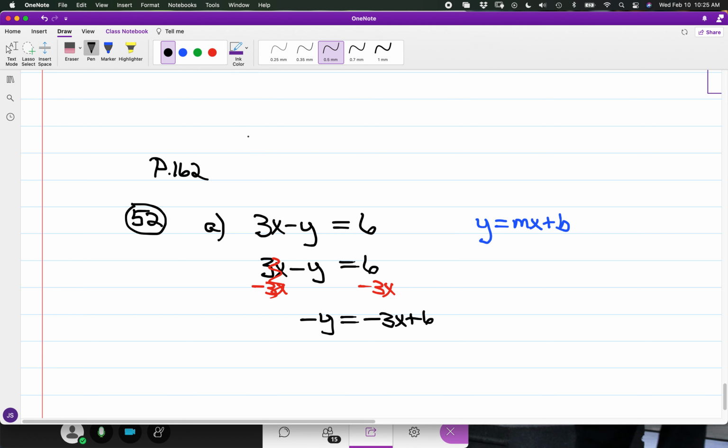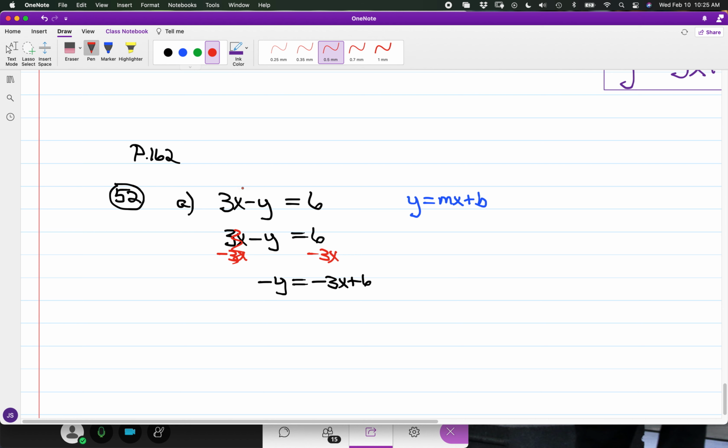And again, if I change the signs at both ends, if I multiply or divide by negative 1, you'll just have the sign change throughout. What was negative will become positive and vice versa. And so in this case, we're going to have that y is equal to 3x minus 6.